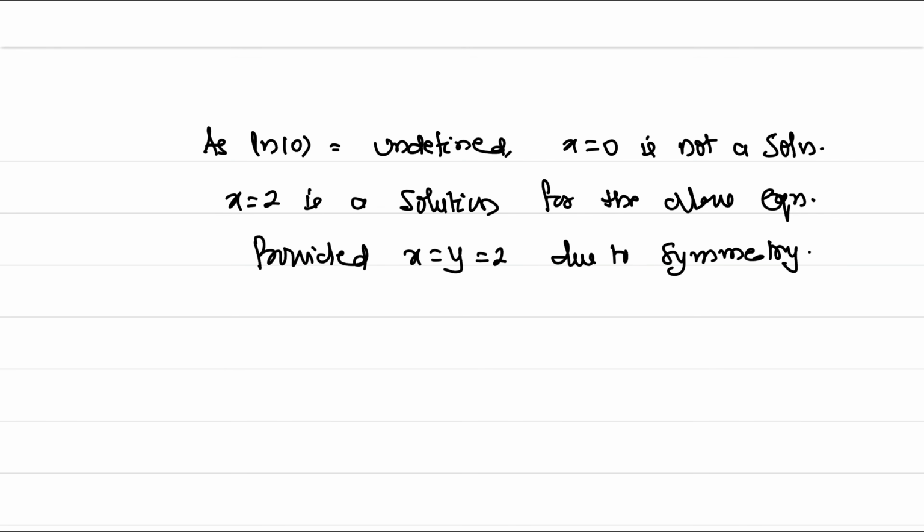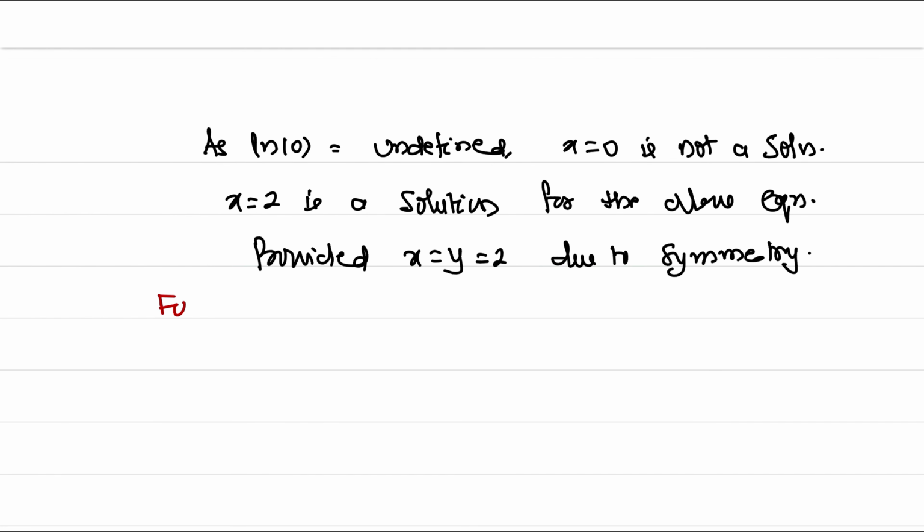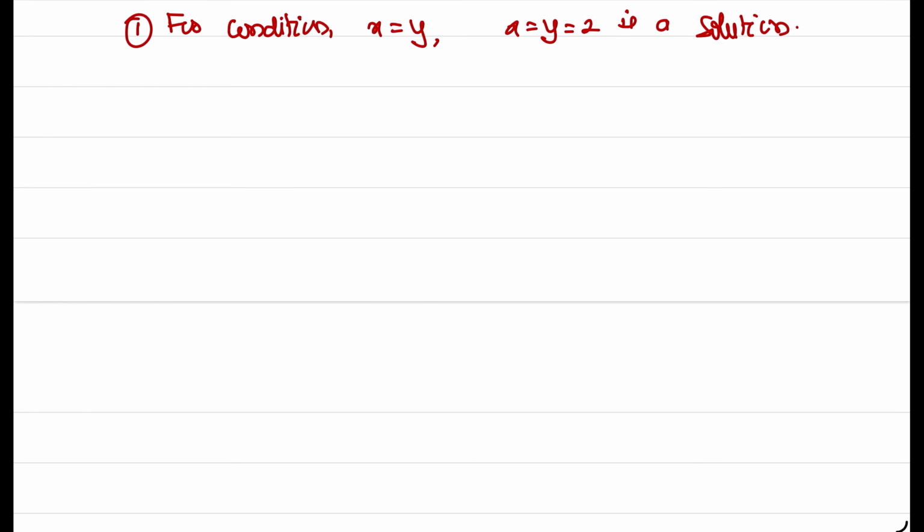This is the solution. This is the condition: x is equal to y, x is equal to y is equal to 2 is a solution. Now, let us consider other cases.